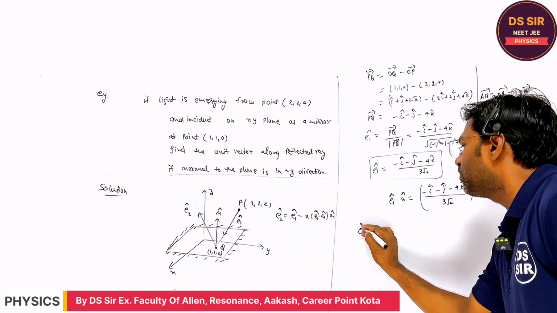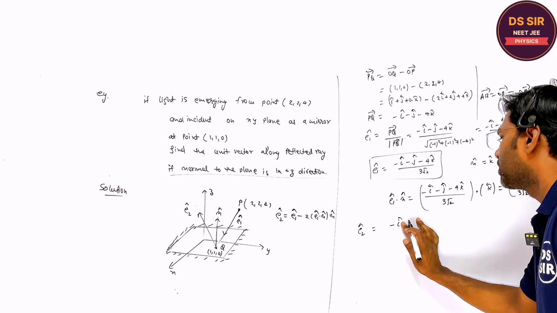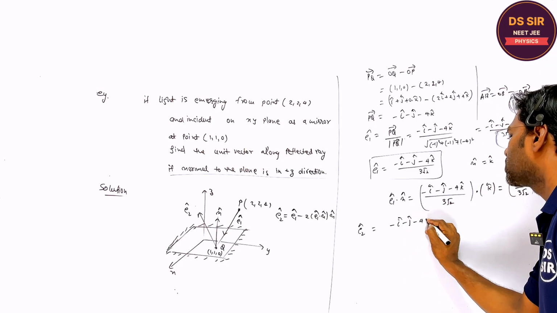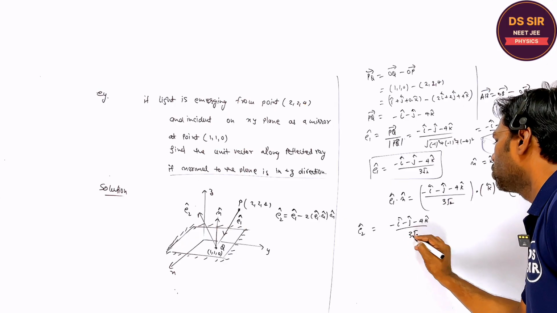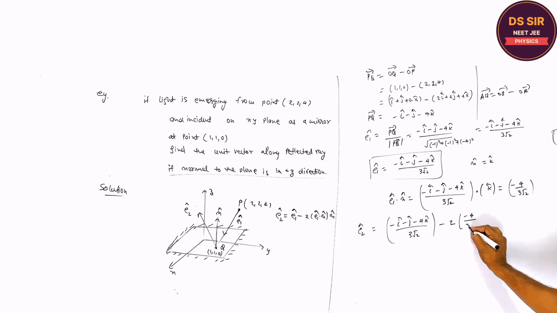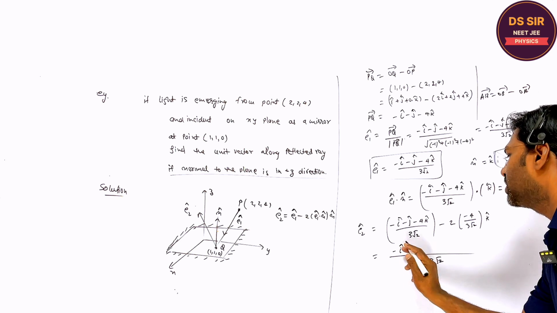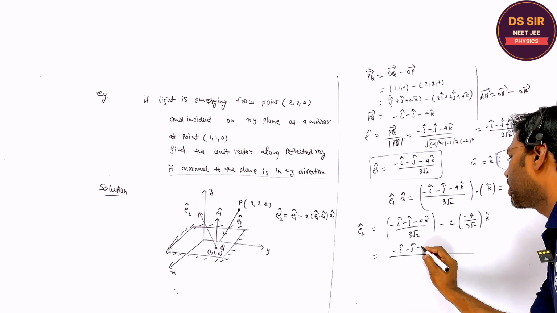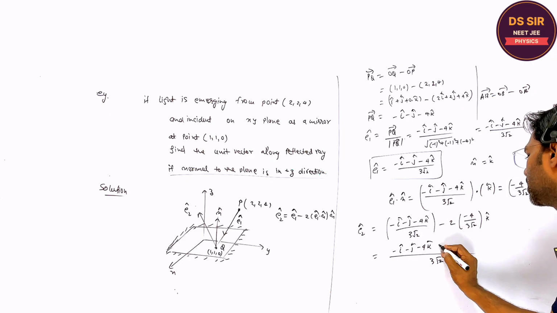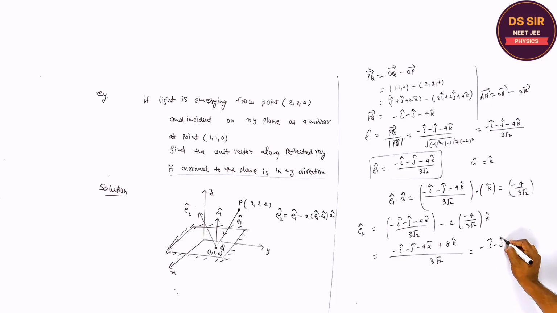So therefore the E2 cap you may write as E1, minus i minus j minus 4k cap upon 3 root 2, minus 2 times minus 4 upon 3 root 2, and this is the k cap. If you simplify, 3 root 2 is the LCM: minus i minus j minus 4k plus 8k cap. So the answer you will get is minus i minus j plus 4k cap upon 3 root 2.